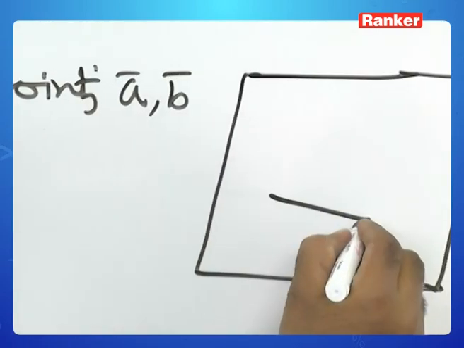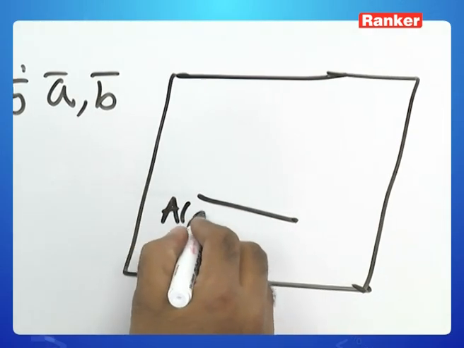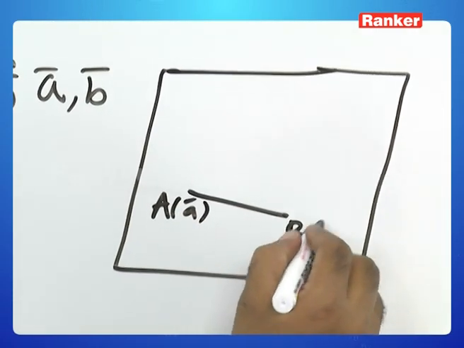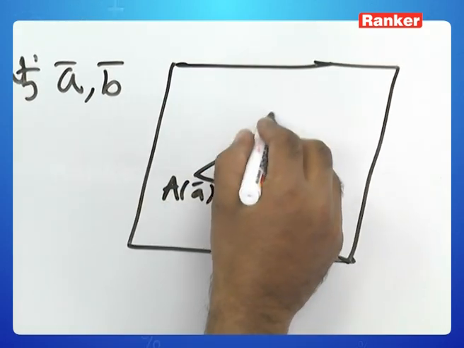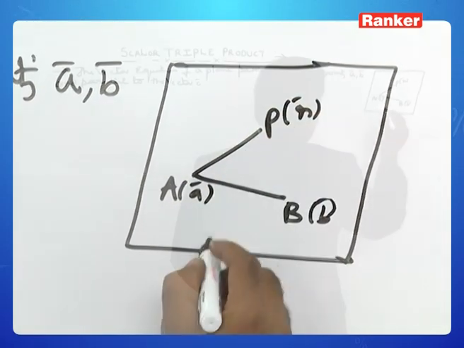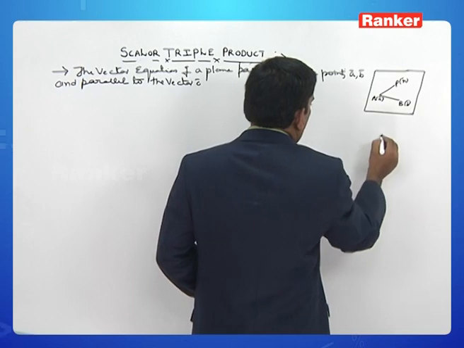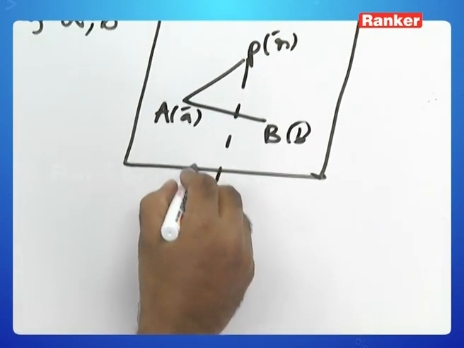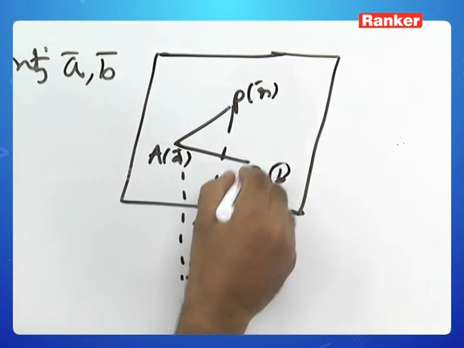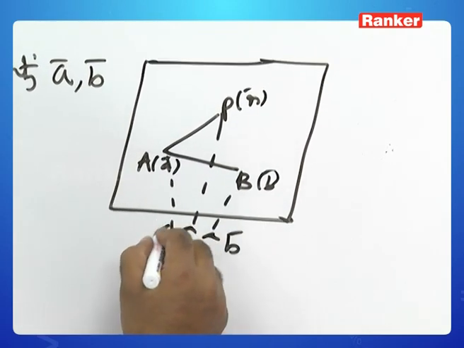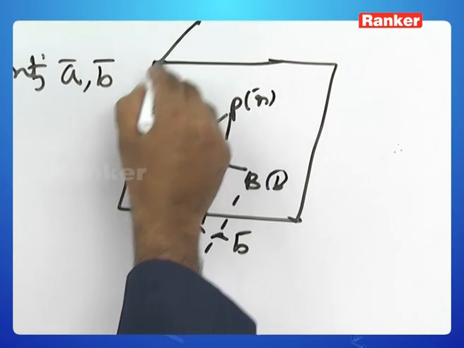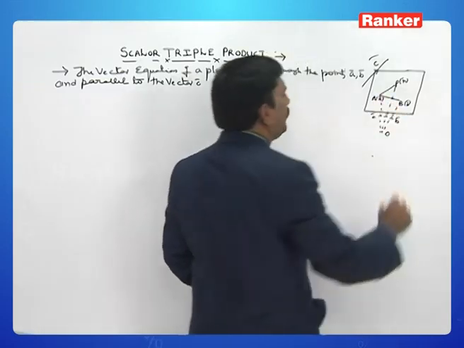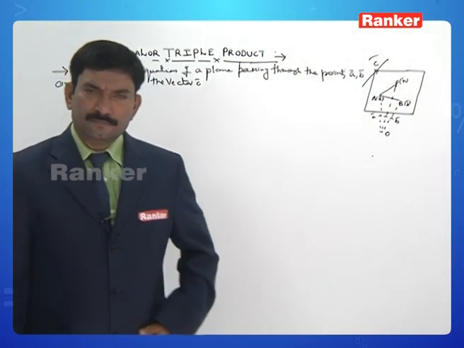Now A of A bar, B of B bar, P of R bar. Now if I take an origin, OP bar, OA bar, OB bar, this is the vector C bar parallel to it.